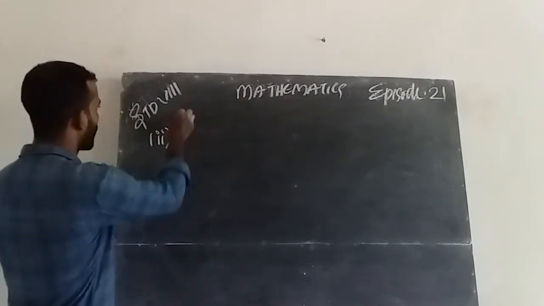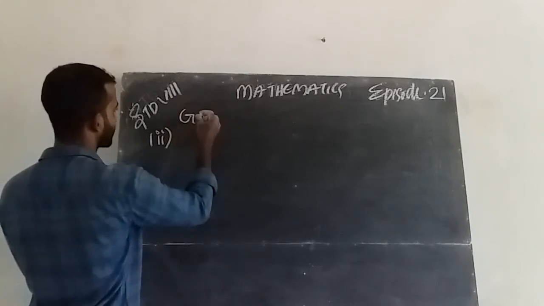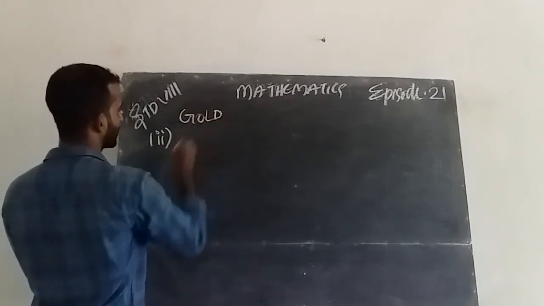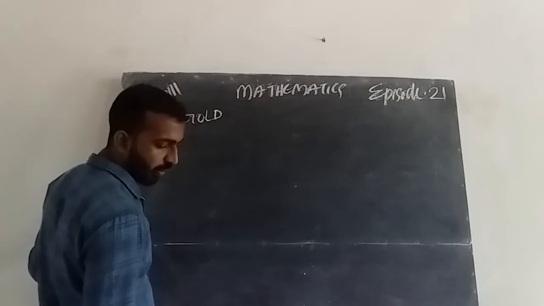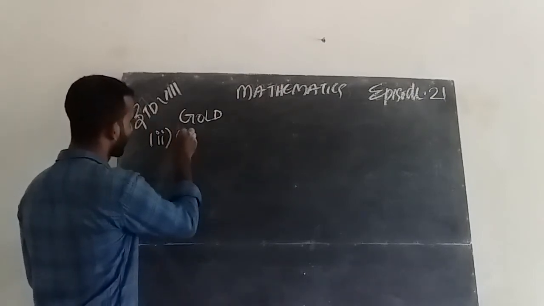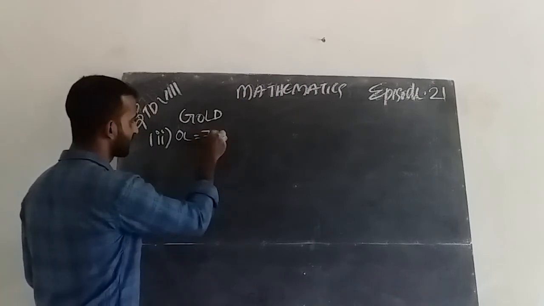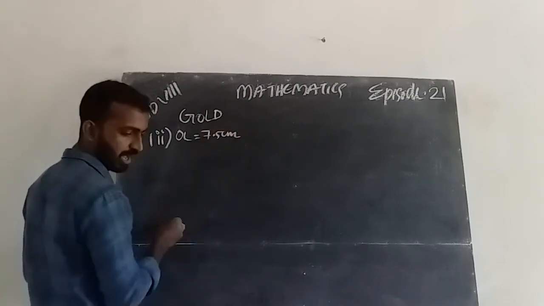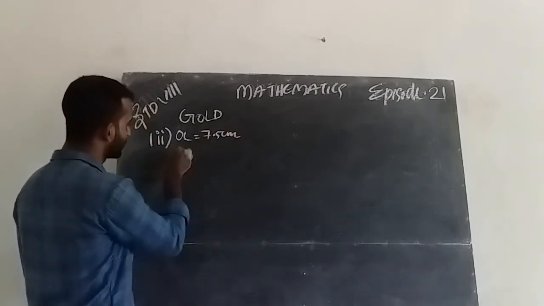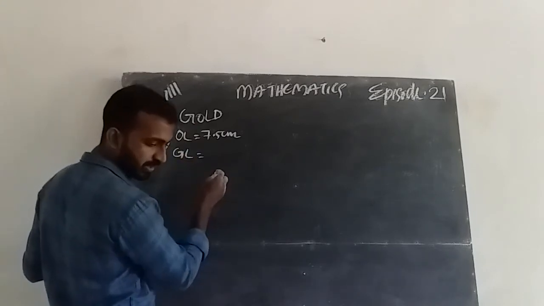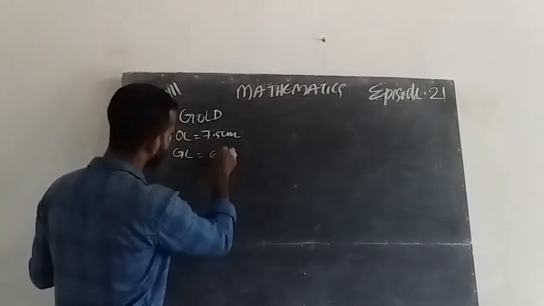Second one is GOLD. OL is equal to 7.5 centimeter. GL is equal to 6 centimeter.